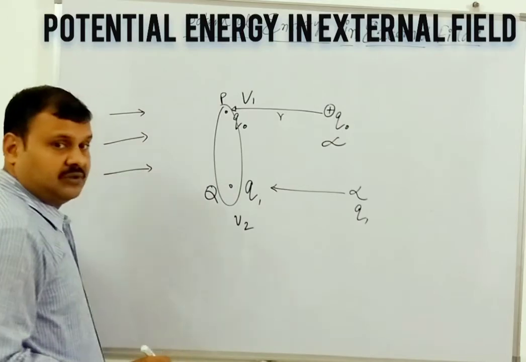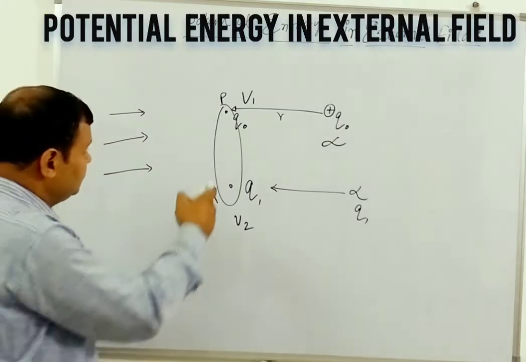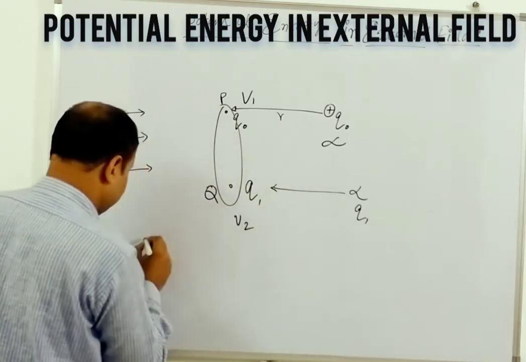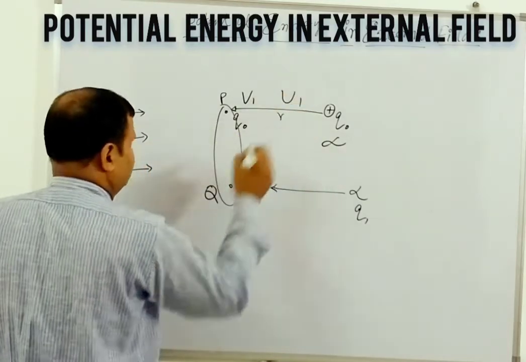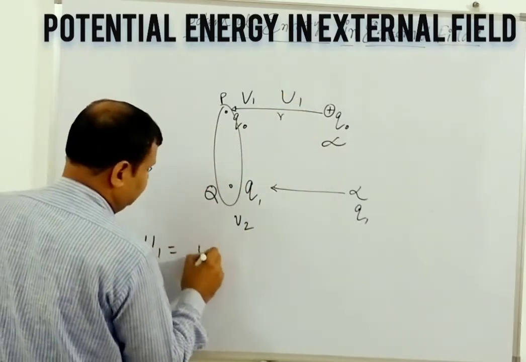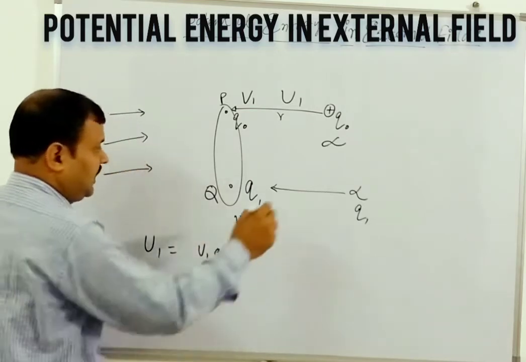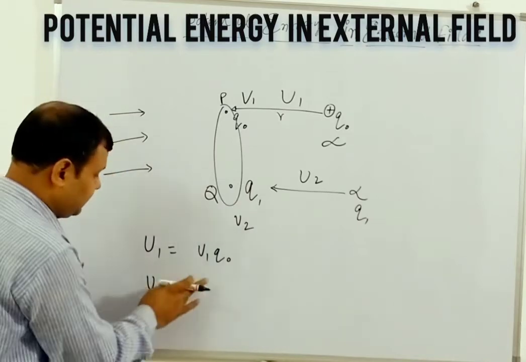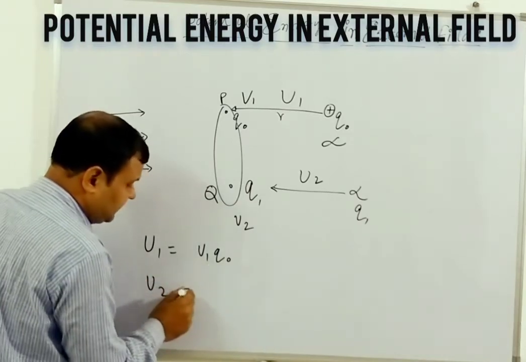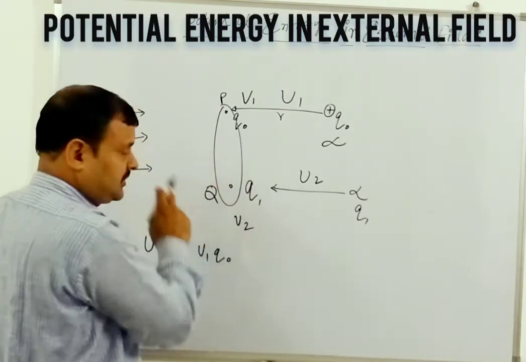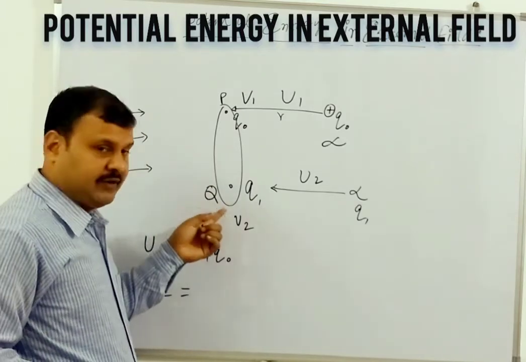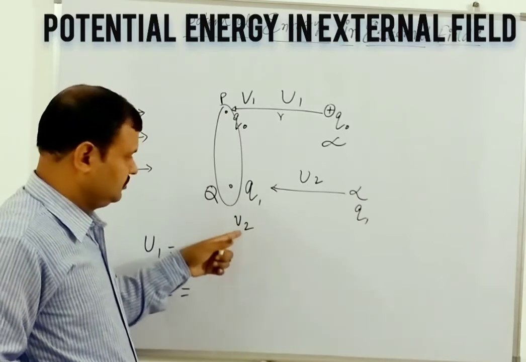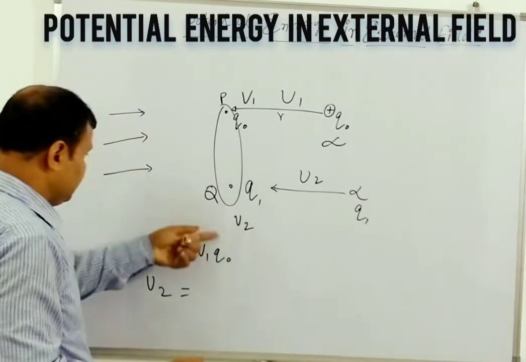So, bringing the first charge, the work done U1 will be V1 Q0. For U2, as we have seen earlier, the external electrical field will be repelling this charge as it comes closer, due to the potential already existing from the external field, V2.